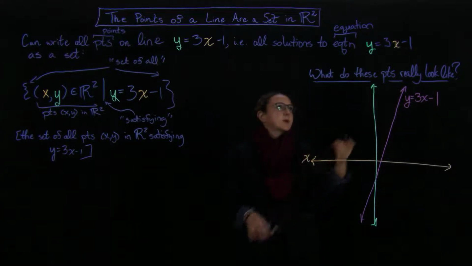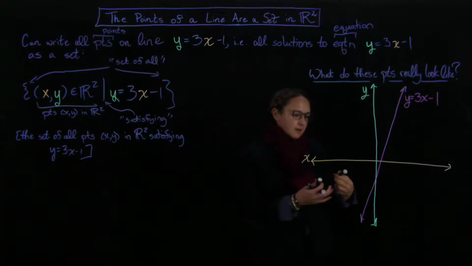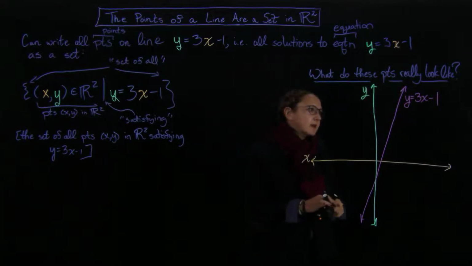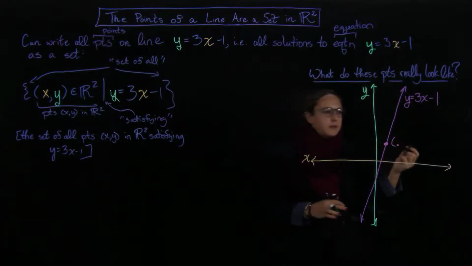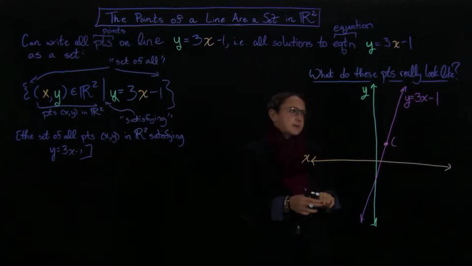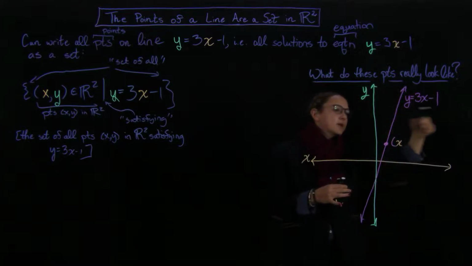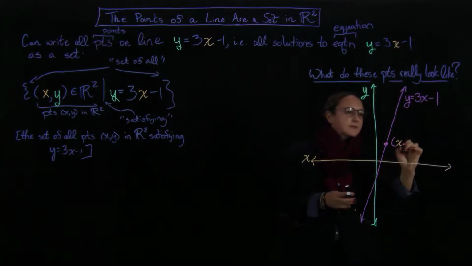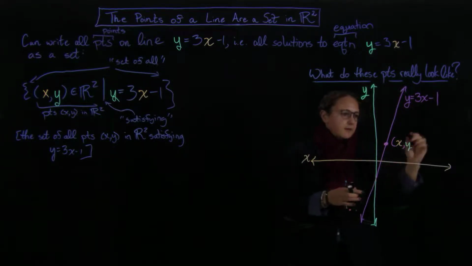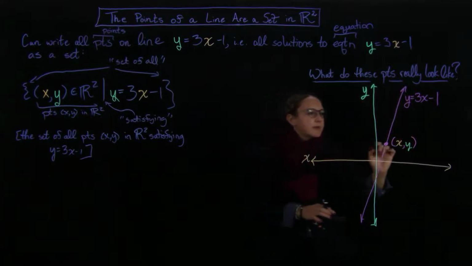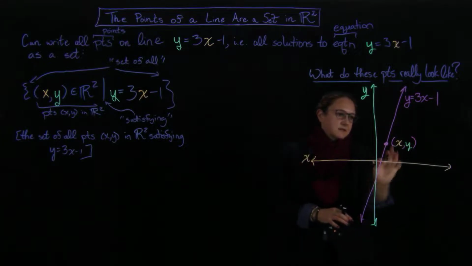I forgot to label my y-axis here. Okay, so what if I look at an individual point on here? An individual point is generically going to look something like x, y, but a particular point on here, well, the scale works.